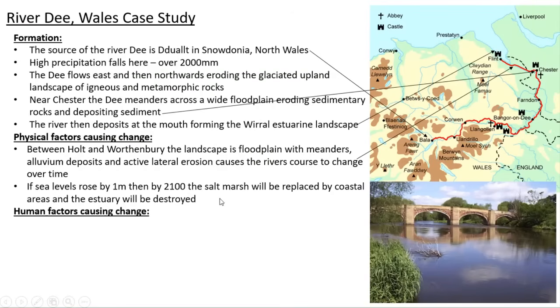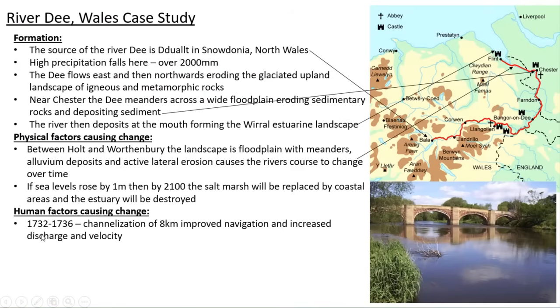So human factors that cause it to change, again, aside from all the different settlements you can see: between 1732 and 1736, they channelized 8 kilometres of the river itself. So they improved navigation, they increased the amount of discharge and velocity that went through it, so they managed it very well.